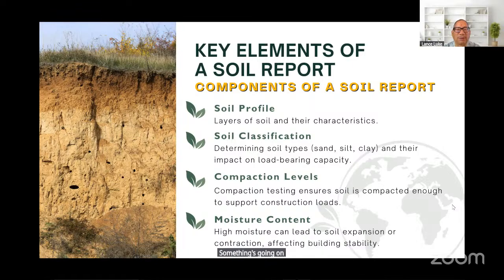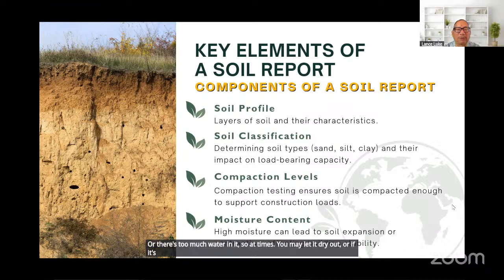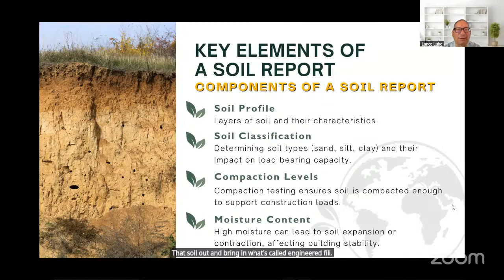Either it's the wrong type of soil or there's too much water in it. At times you may let it dry out, or if it's that bad, you're going to have to excavate that soil out and bring in what's called engineered fill. That's better soil, and that type of soil can be compacted to what you need.